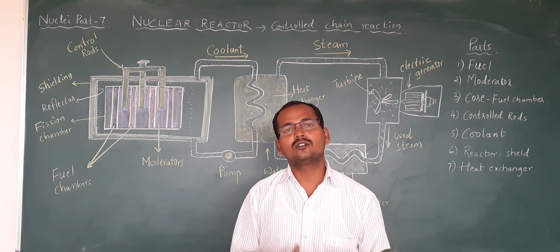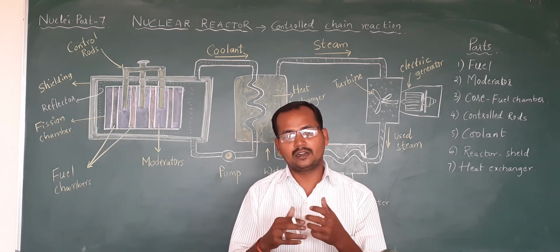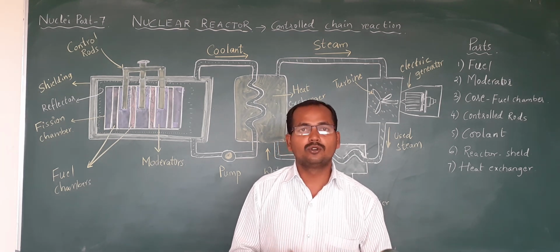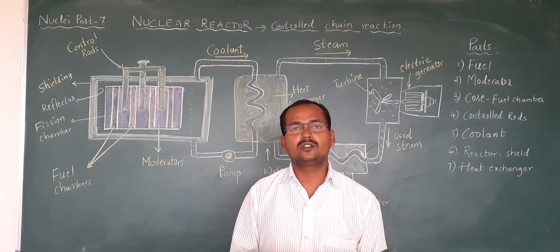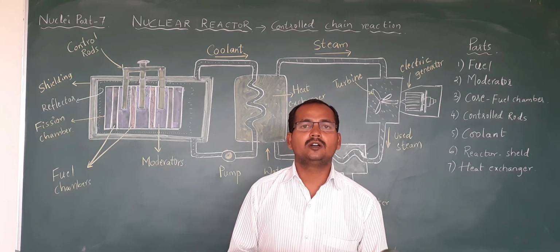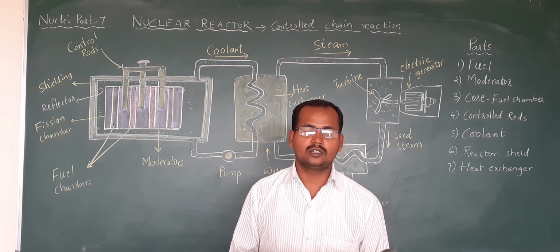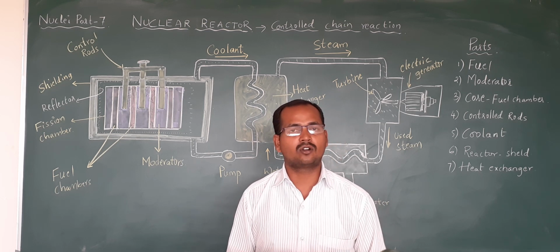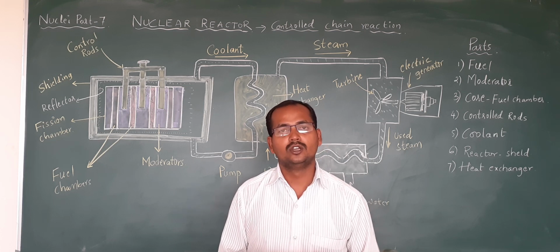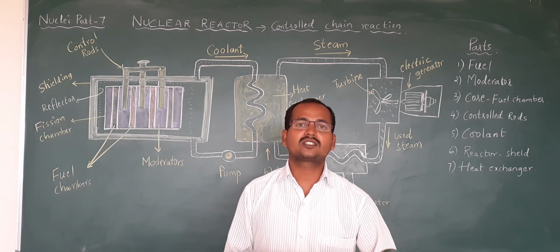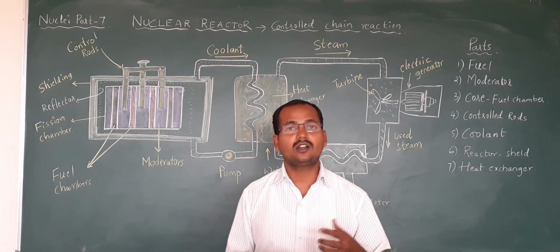Right? How do you remove those unwanted neutrons? Those unwanted neutrons will be absorbed by the control rods. Cadmium and boron steel rods are used to absorb those extra neutrons which are not required.